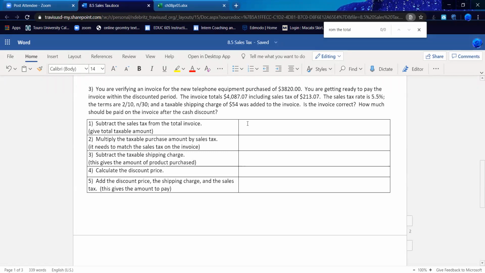So the first thing we're going to do is we're going to take the sales tax from the total invoice. So let's look through it. It says the total invoice was $4,087.07 and it included this much sales tax.